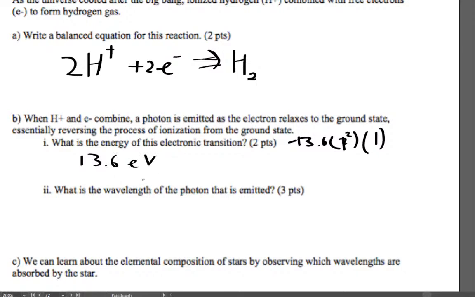What is the wavelength of the photon that is emitted? This is basically hc over lambda, because hc over lambda equals the energy, 13.6.